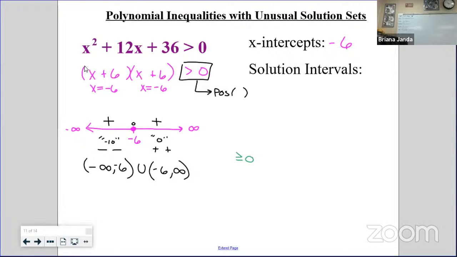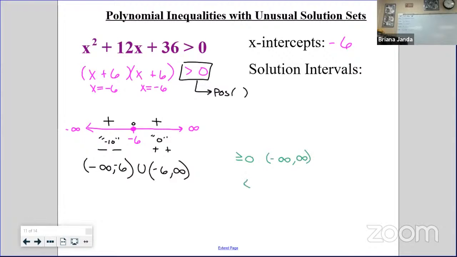So here's a concept that we're going to talk about on the next page: if I get to include the 0 and neighboring intervals are the same sign, I don't have to break there. Which means if I need everything that is positive, which would be those two intervals, and everything which is 0, which is that one number, isn't it just everything in this picture? So notice the difference in how I would have answered this if it had the or equal to on there.